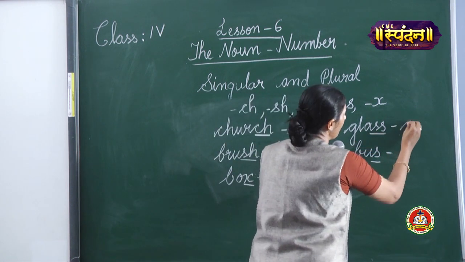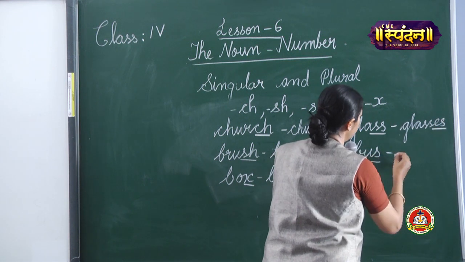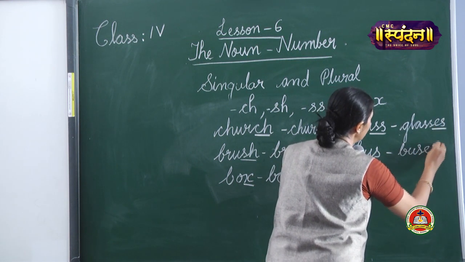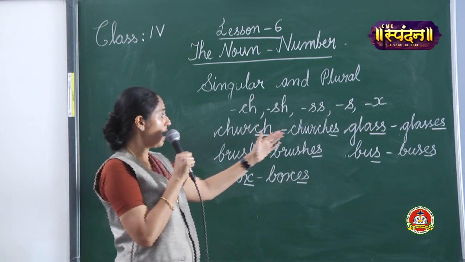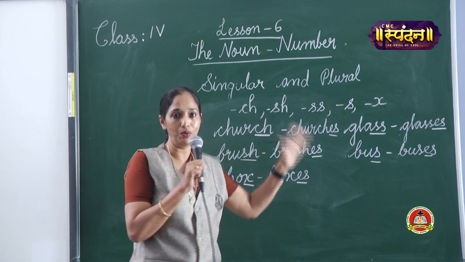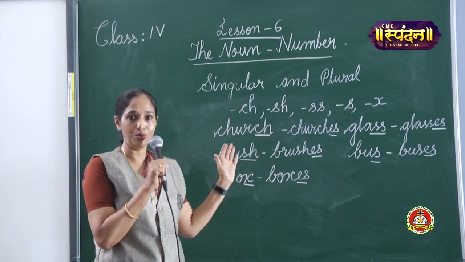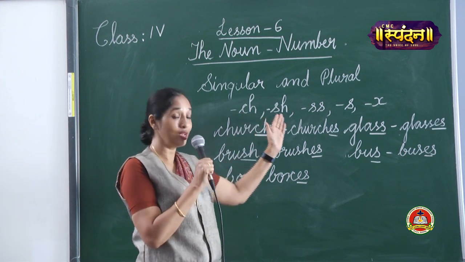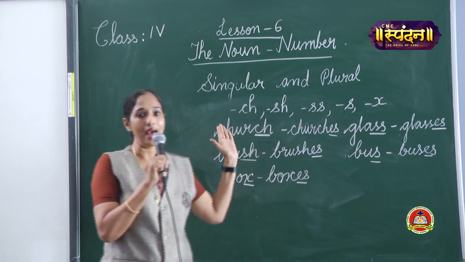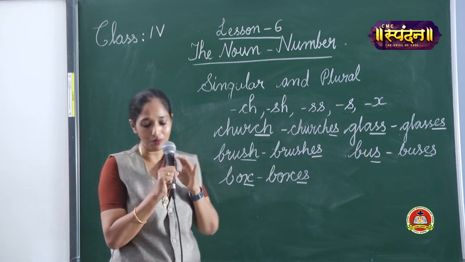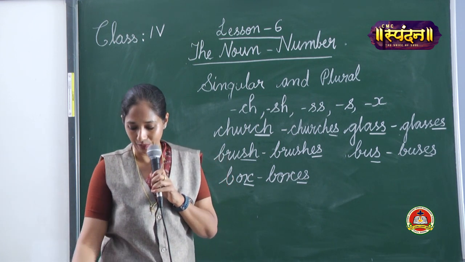Boxes, glasses, and buses. In all these examples, we added es to convert the noun to the plural form. So this is the second rule. When a noun ends in ch, sh, double s, s, or x, we add es to the noun to form the plural form. Now coming to the next group.